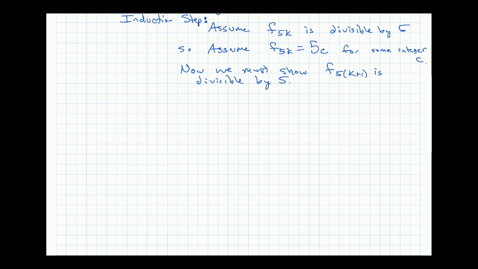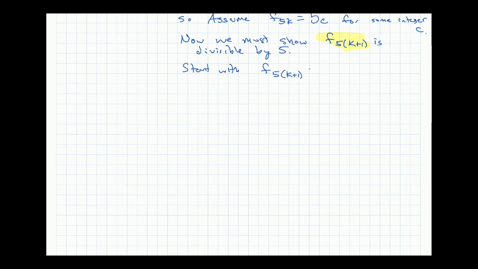So all you're going to do is take this f5k plus 1 and work out what that is. So we're going to start with f5 parentheses k plus 1. What is that? Well, it is f, multiply out the 5, 5k plus 5. Now those are subscripts, right?